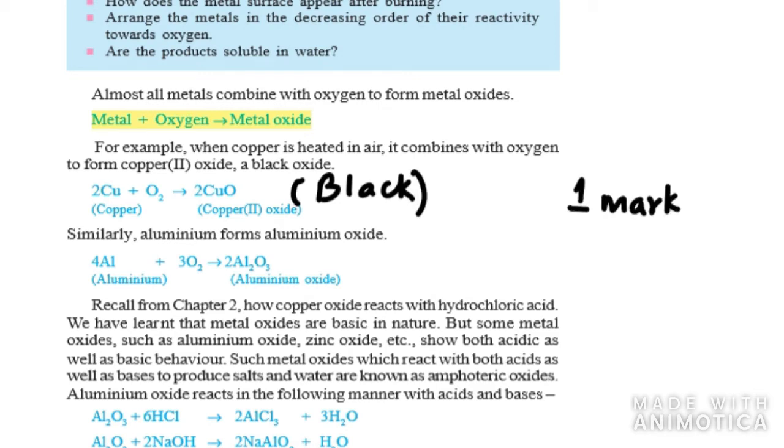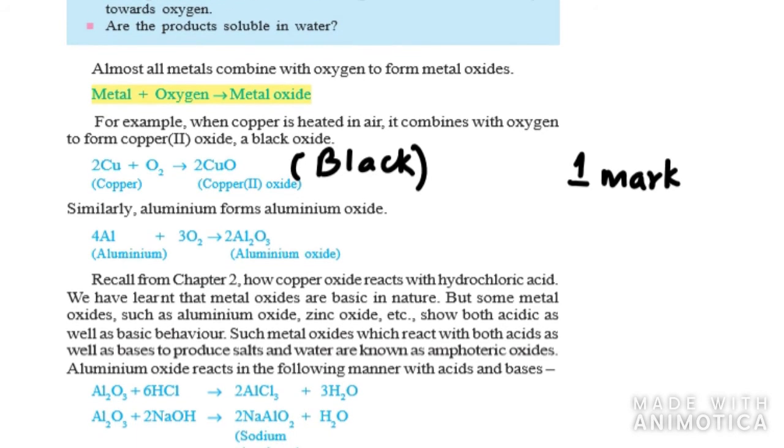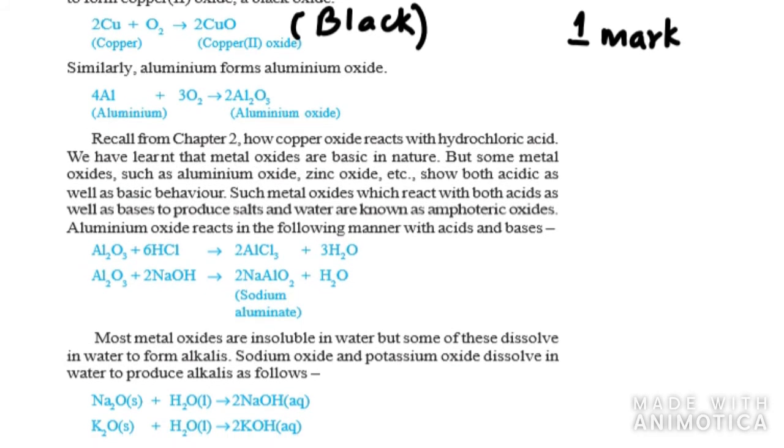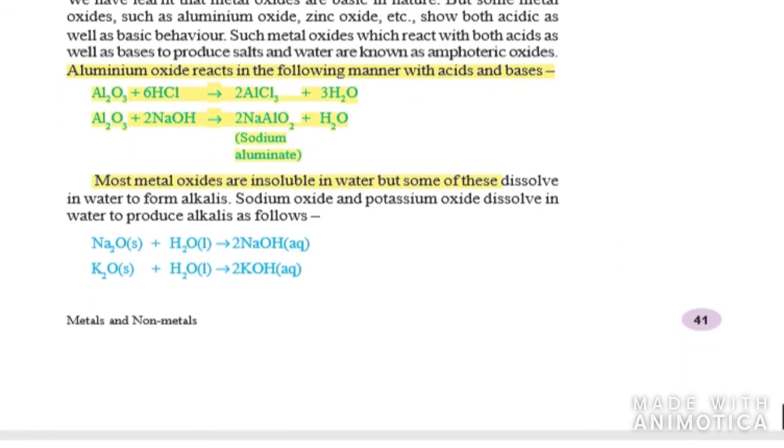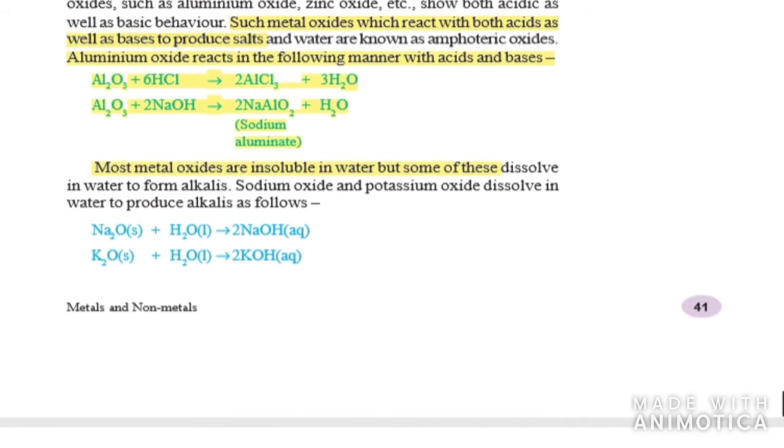Now the second one is aluminium. Aluminium forms aluminium oxide. In this, a very important point is amphoteric oxides. Amphoteric oxides are those oxides which can react with acids as well as bases. Please mark this point.